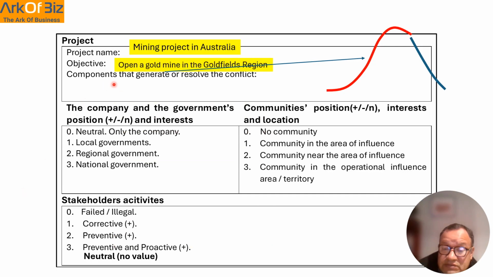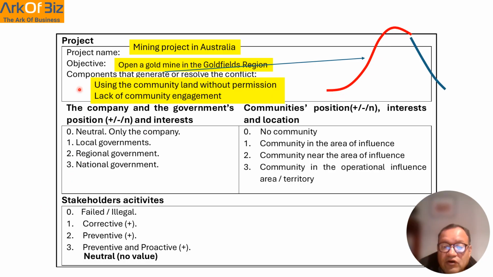The company's objective is to open a gold mine in the Gulf East region, and the components that generate the conflict, because we are in the red line, are two: the company has used the community land without permission, and the company has a lack of community engagement.